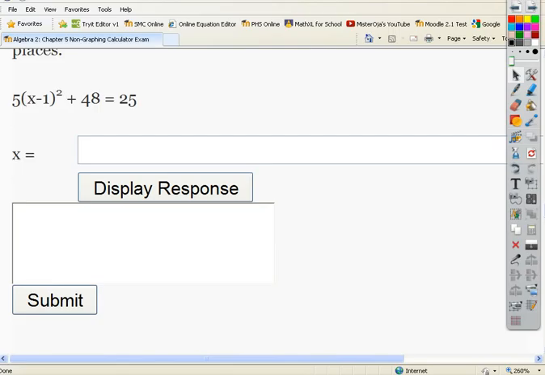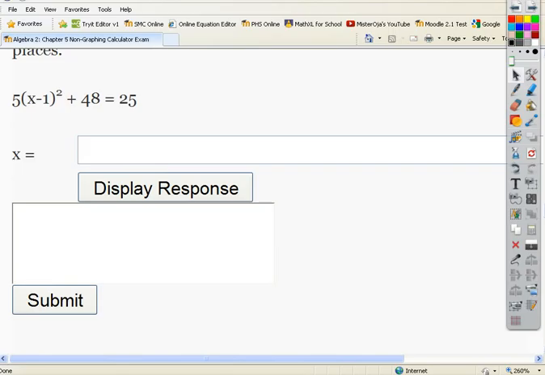Subtract 48. What's my overall strategy? Isolate x. Good. I'm going to isolate x because I can point to a single x. So to get the x by itself, first thing I'm going to do is subtract 48. Second thing I'm going to do is divide by 5. Third thing, square root. Last thing, add 1.